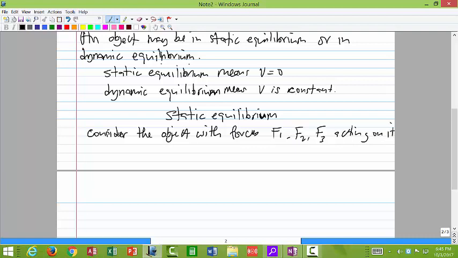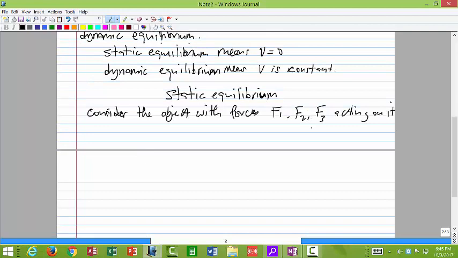Let's consider those forces acting on a certain object.